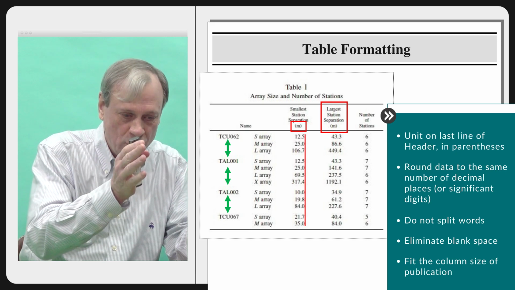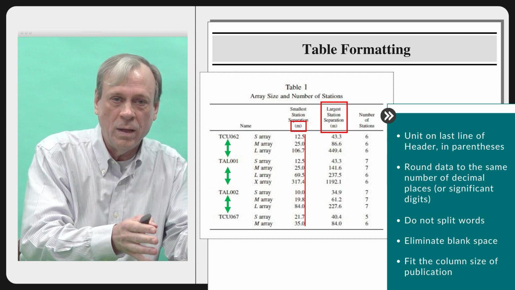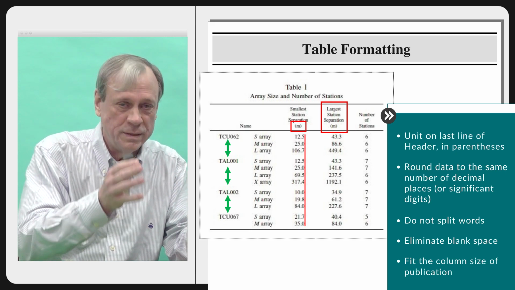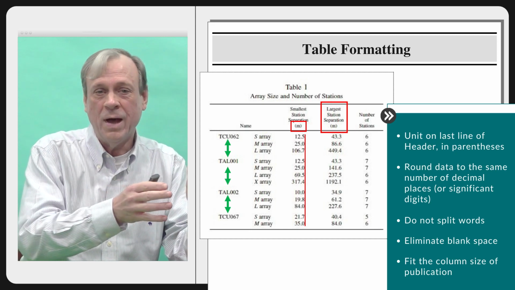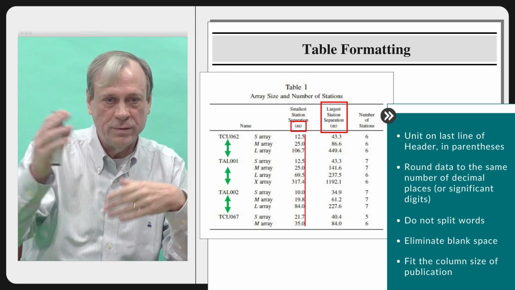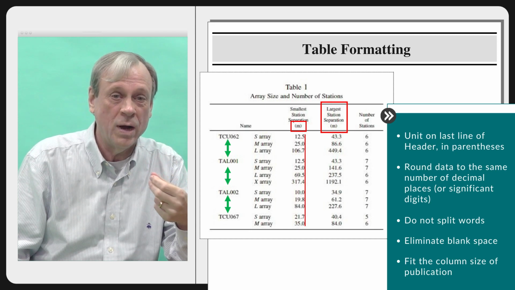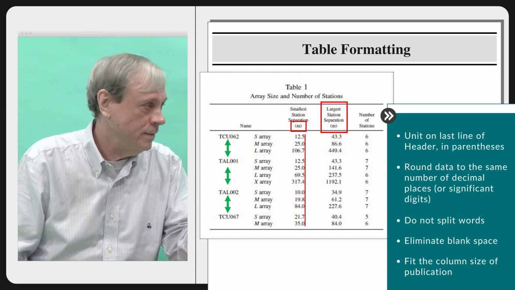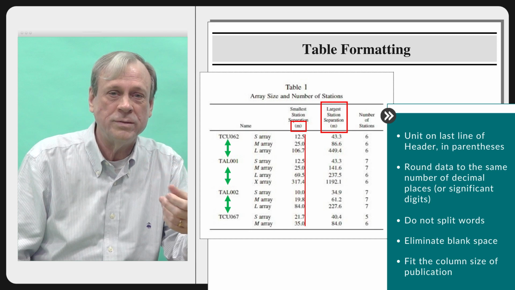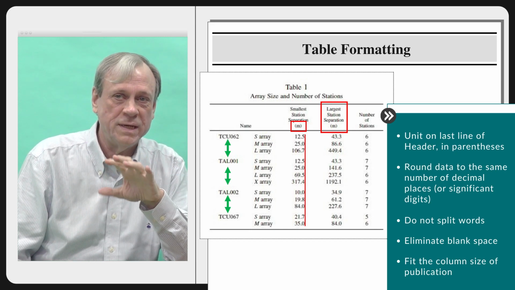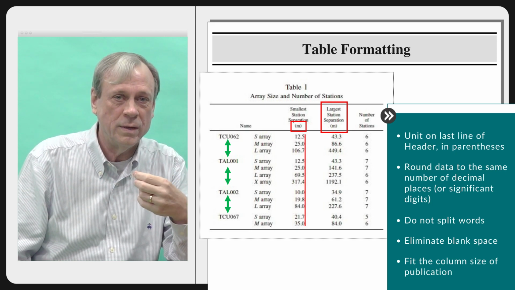Do they want it only one column? If it's a two-column publication, it has to be either one or two, not 1.5 columns, so they don't have the problem with text wrapping. Again, this is different in a thesis or other situations, but this is the standard format for a journal article.